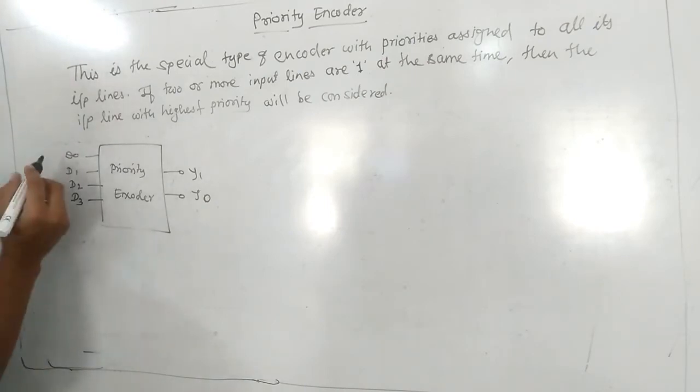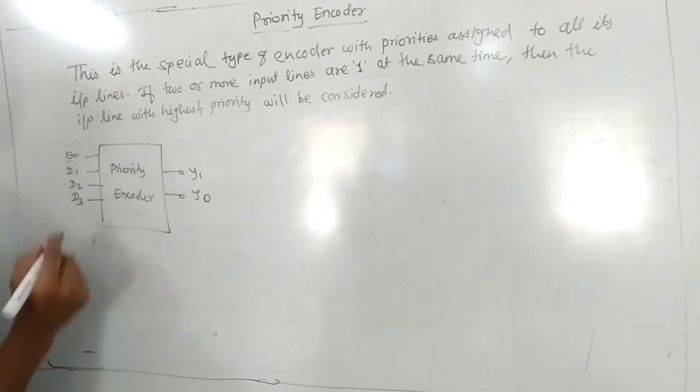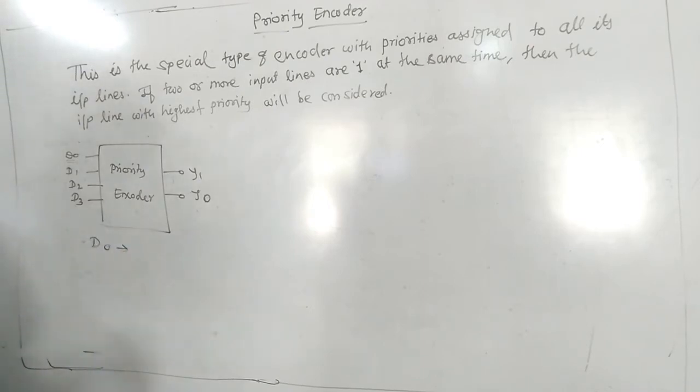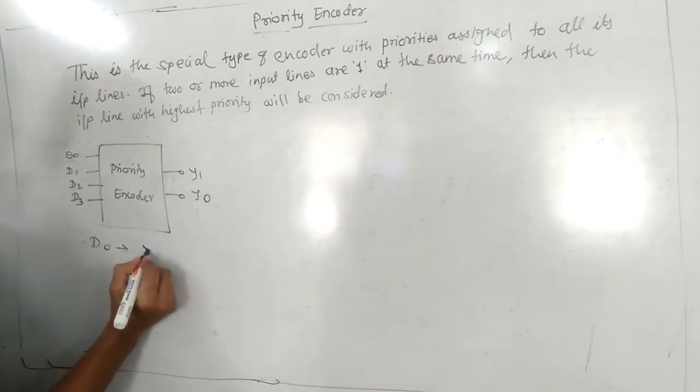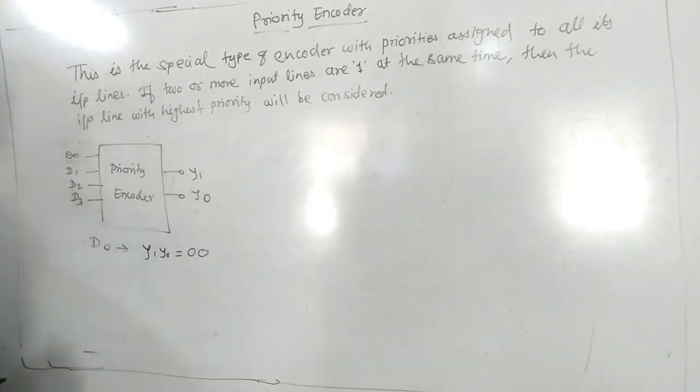If we select the line D0, the outputs Y1 and Y0 will be 0, 0.